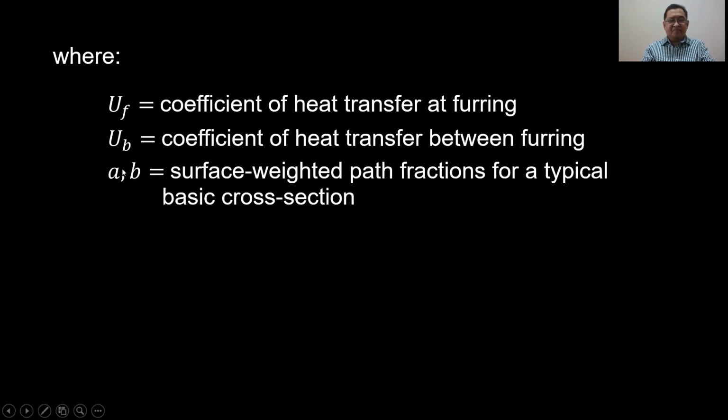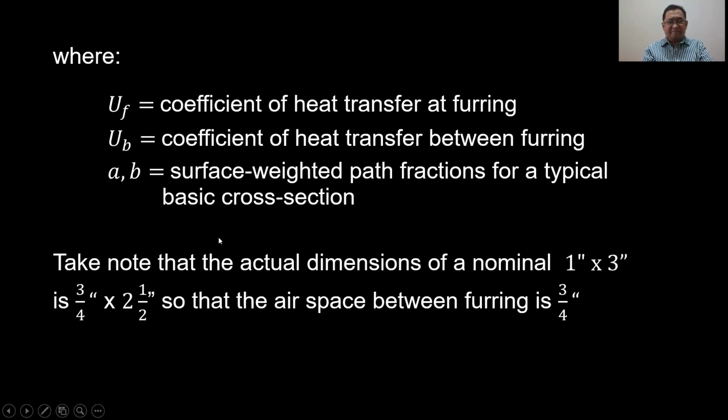And a and b are the surface weighted path fractions for a typical basic cross-section.